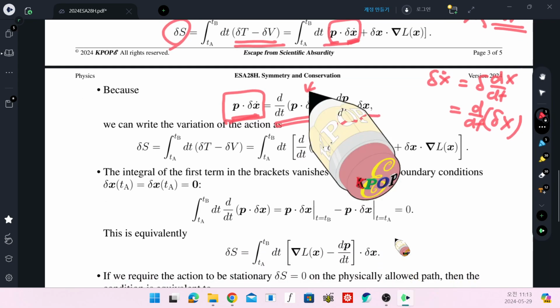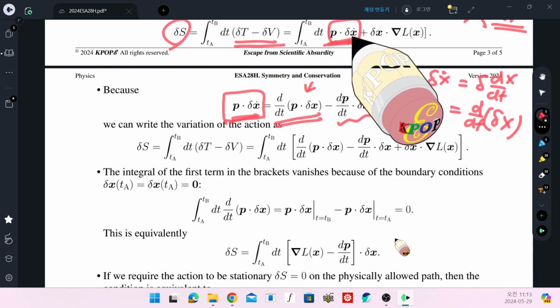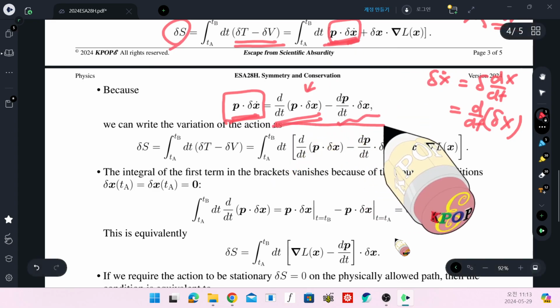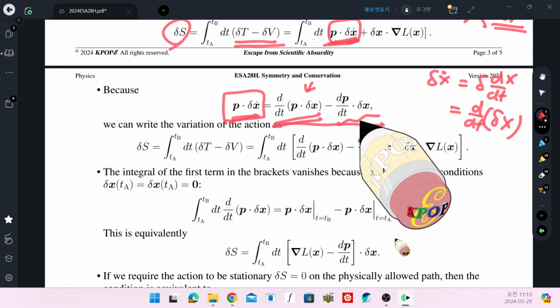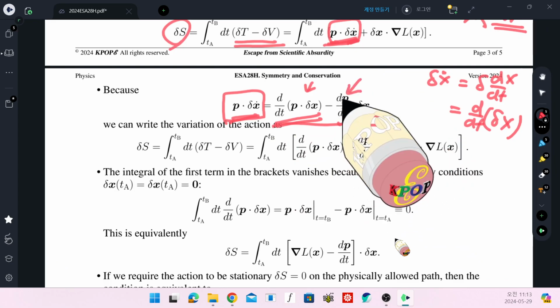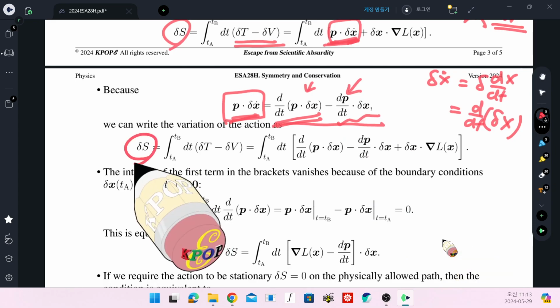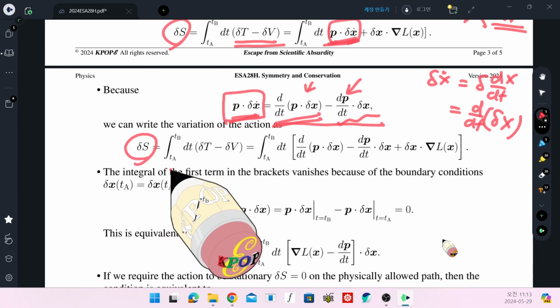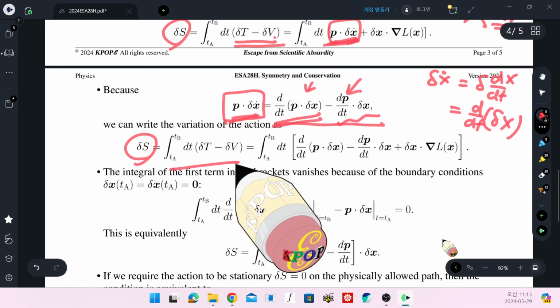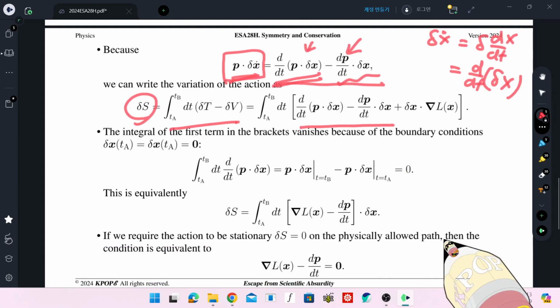As a result, the first term in this integrand should be replaced with the total derivative subtracted by this time derivative of linear momentum. That is nothing but the force. Therefore, the variation of the action is the same, and we have replaced this with these two terms.